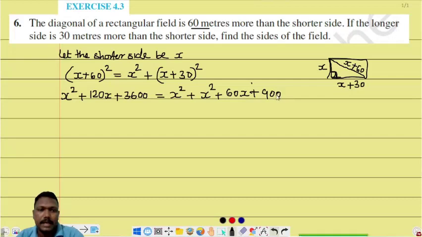Okay, now from both sides, this x squared and this x squared we can cancel. I'm going to rearrange this.